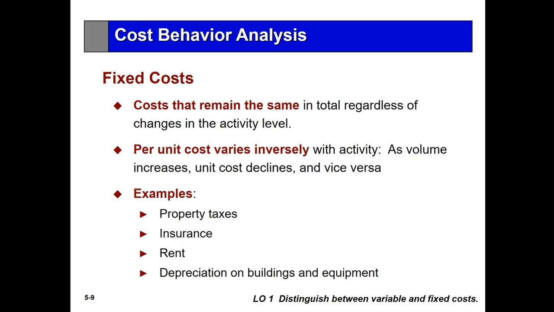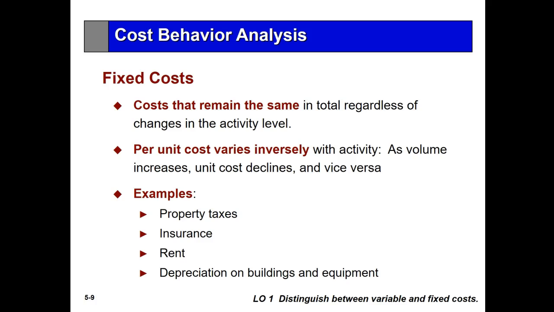However, the per unit cost varies inversely with activity. If my total cost is $20,000 and I produce 100 desks, then my per unit cost would be $200. If I produce 1,000 desks, it would be $20, and so on. So the cost per unit goes down as the activity goes up.